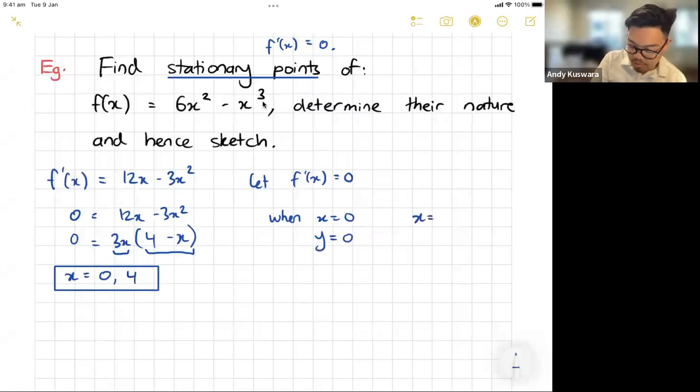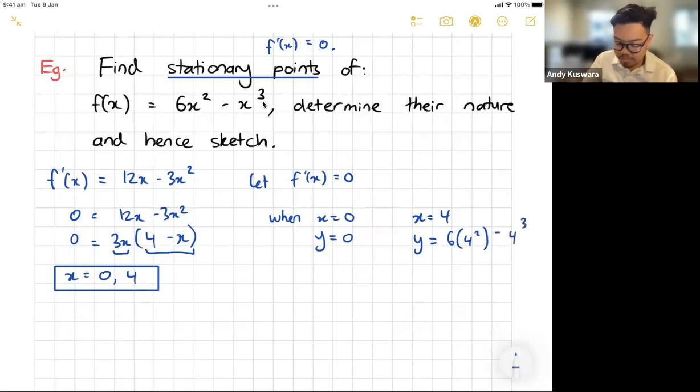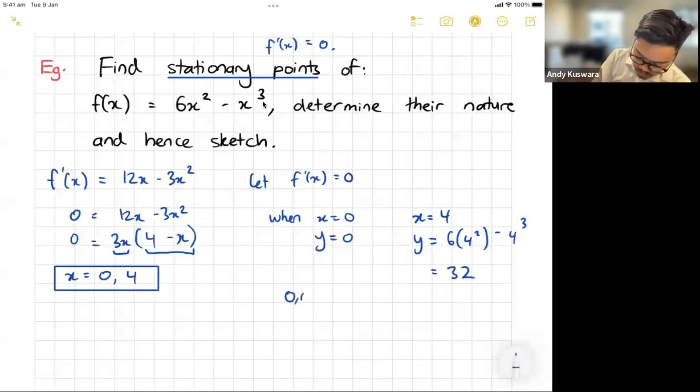But when x equals 4, y is going to equal 6 times 4 squared, take away 4 to the power of 3. All right, so that becomes 32. So right now I know that I have stationary points: 0, 0 is one of them, and 4, 32 is my other one.